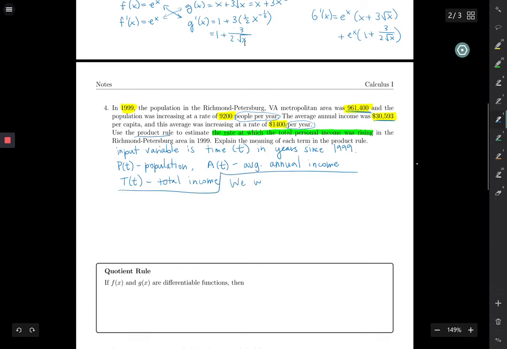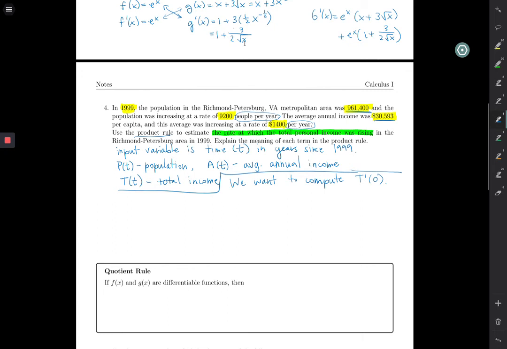So we want to compute the derivative of T in 1999. So remember we said t was measured in years since 1999, so that would be 0 years. And this is what we want to compute, T prime of 0.